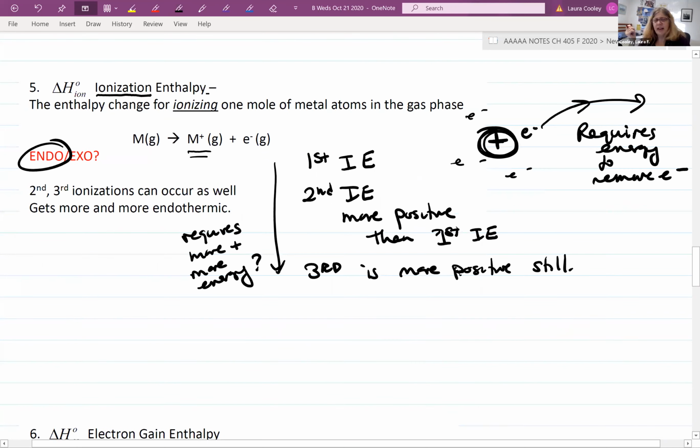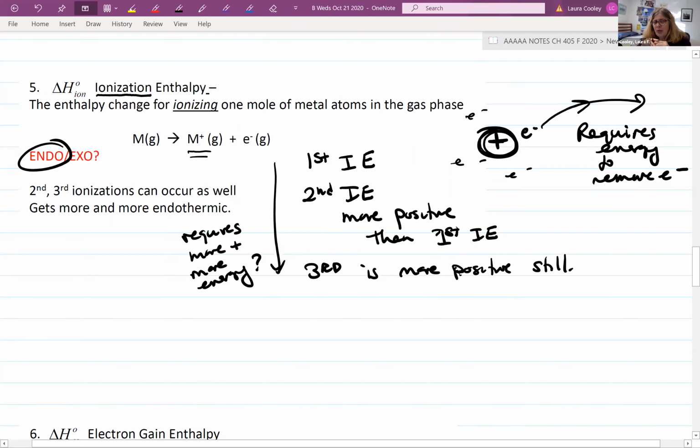Anybody? So you take away that electron, you end up with a positive ion. Now you're trying to take an electron away from a positive ion. So that nucleus that's left behind is not shielded nearly as well by electrons. It has one too few.